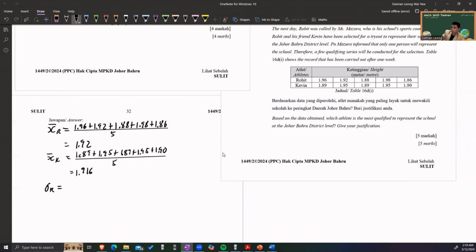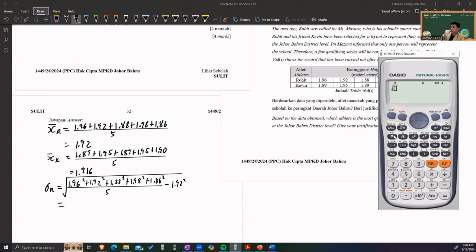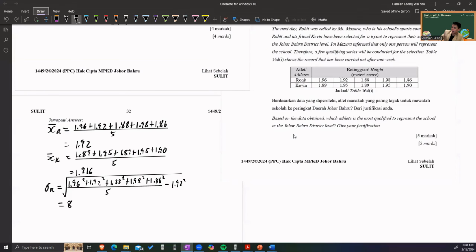Standard deviation for Rohit, square root of the sum of each value squared, 1.96 squared, 1.92 squared, 1.88 squared, 1.98 squared, 1.86 squared, over 5 values, minus mean squared, 1.92 squared. That gives 8.72.